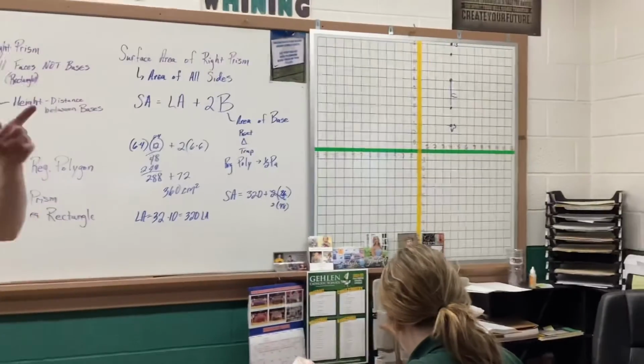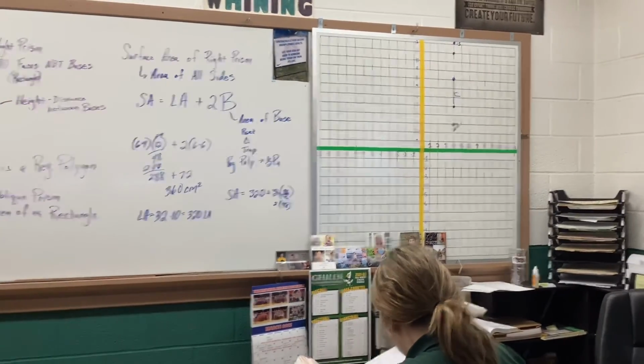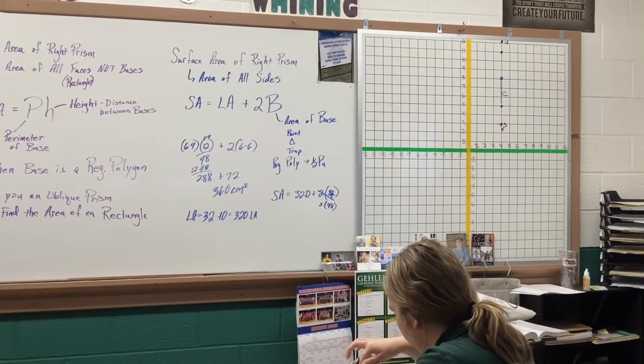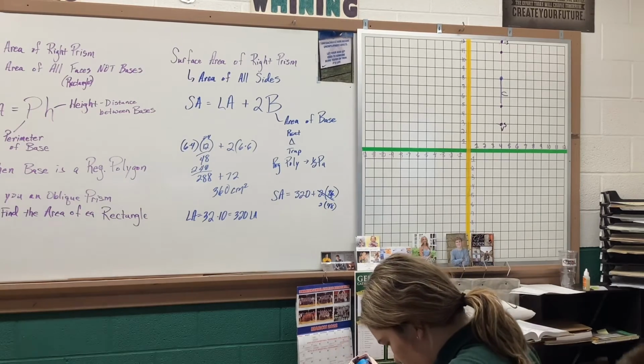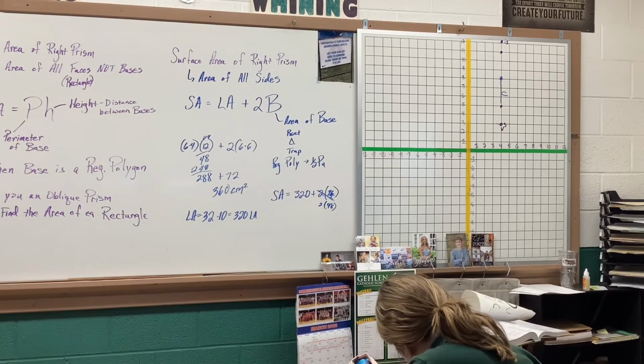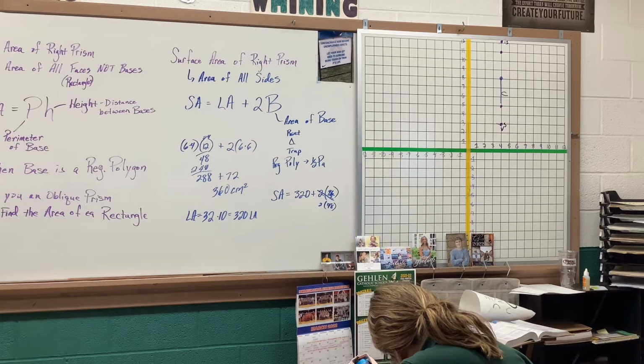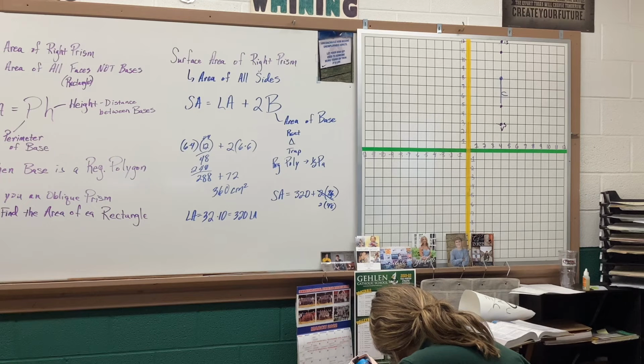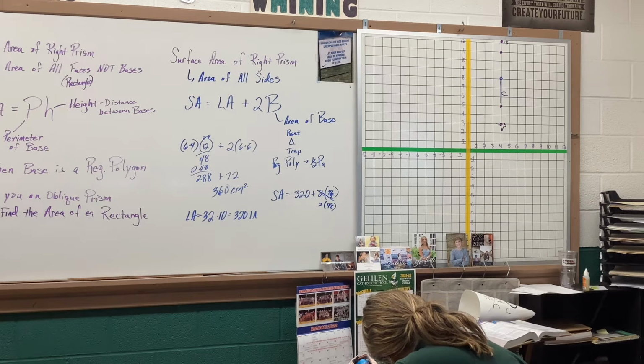But see, in all the other ones, the side was the same every time. So each of my rectangles were the exact same. In this one right here, on the bottom we would have done 12 times 10. On this side, we would have done 10 times 10. And then on the other side, we would have done 10 times 10.